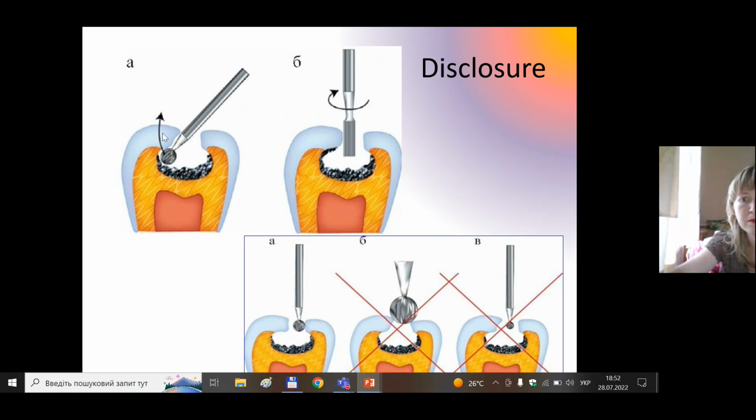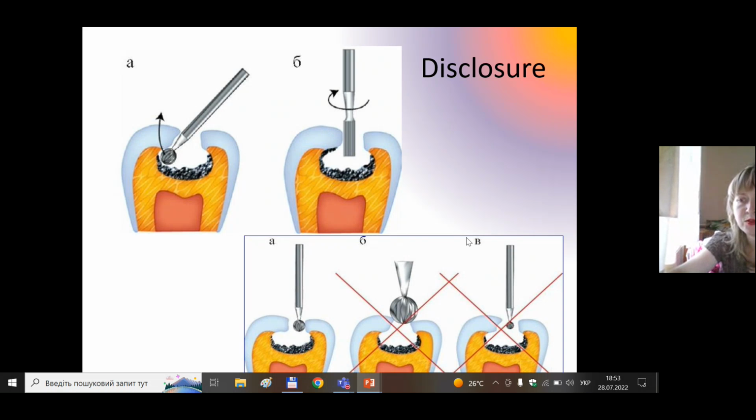And arrows show the way how the burr should cut hanging edges of enamel in this case. And in this case, it goes about how the dentist can rotate a handpiece with a burr to cut hanging edges of enamel.